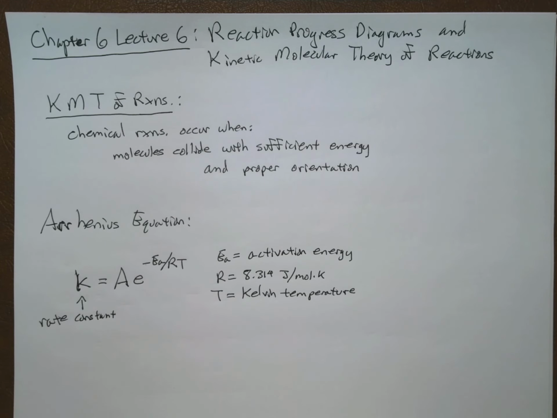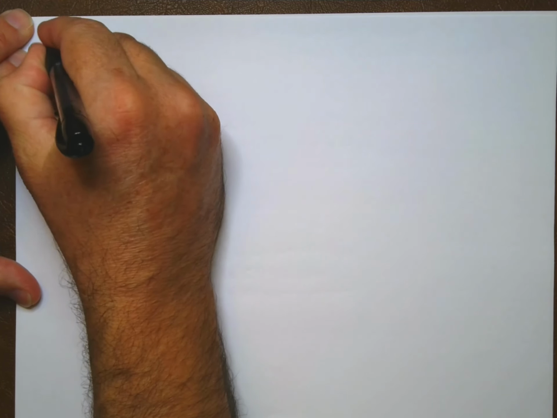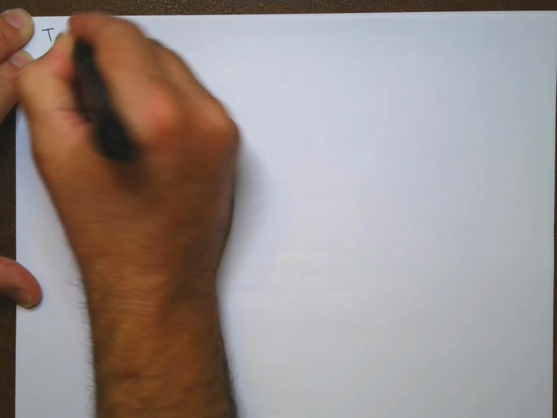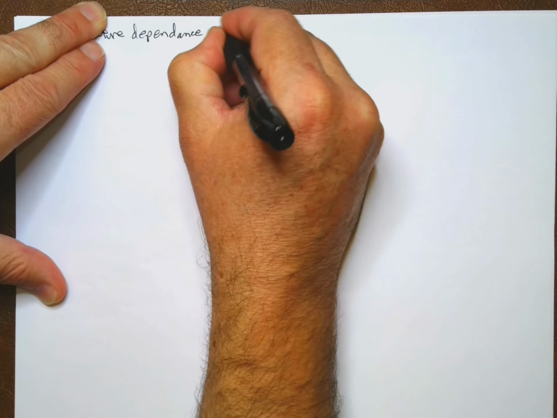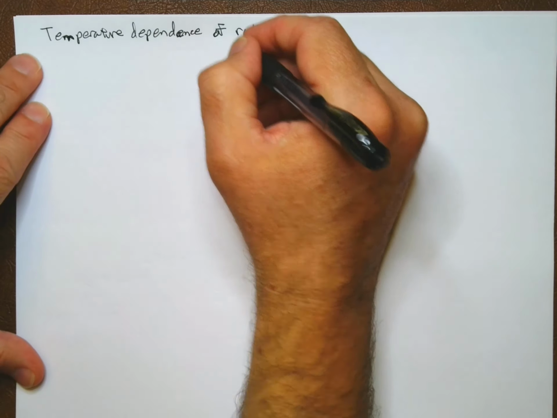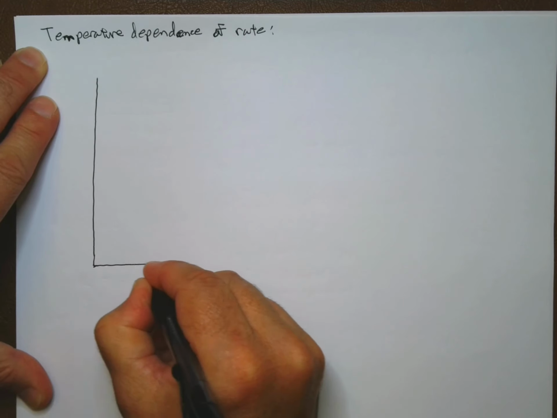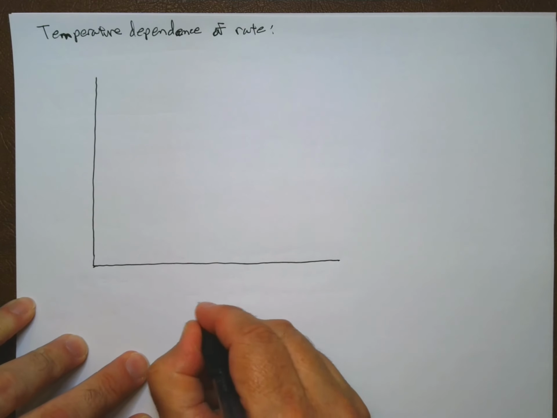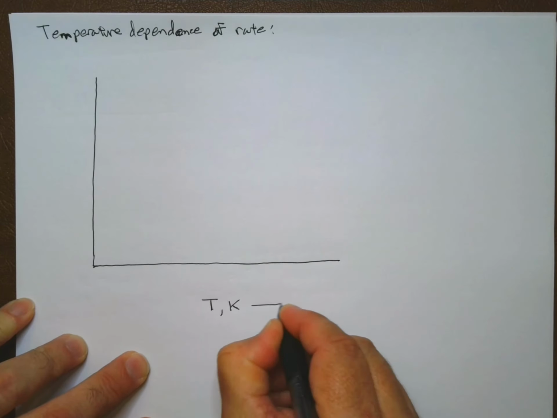All right, so let's take another look at this temperature dependence. What I'm going to do here is make a nice big plot here. We're going to have temperature in Kelvin on this axis.